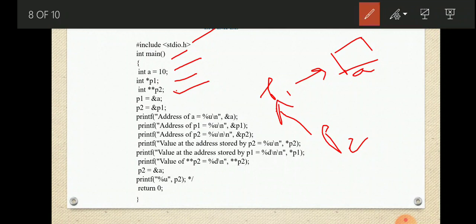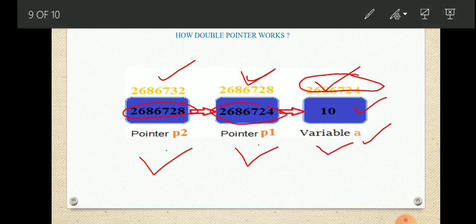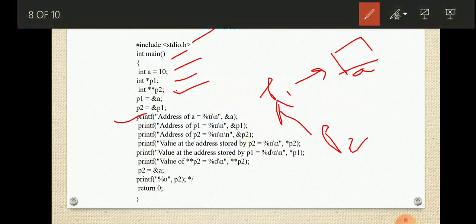And here I am doing printf of address of a with %u. What is the address of a? In the next slide you can see the address of a is 2686724. So it will print that address only.